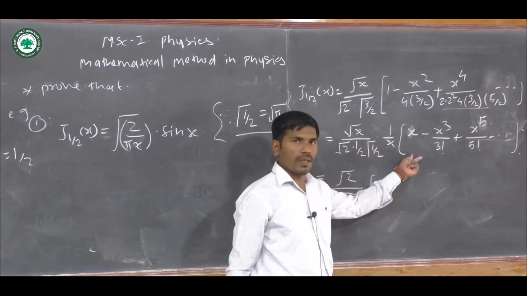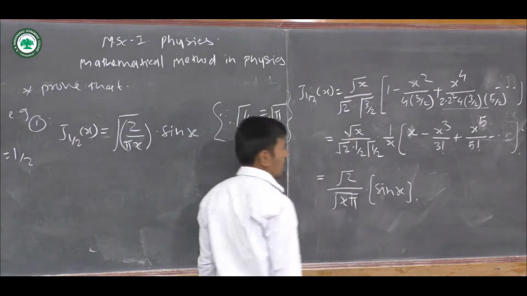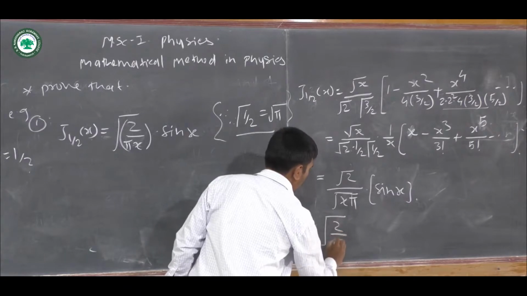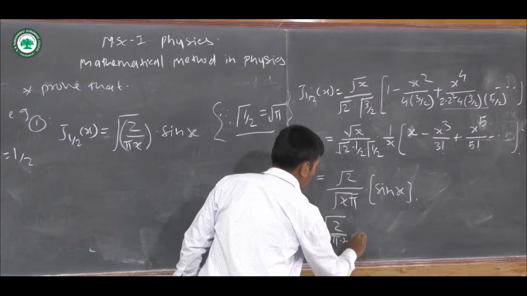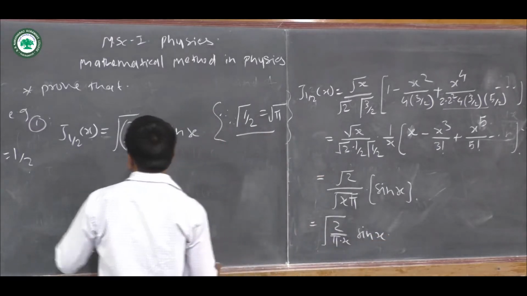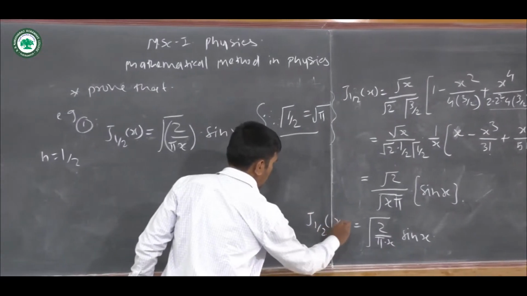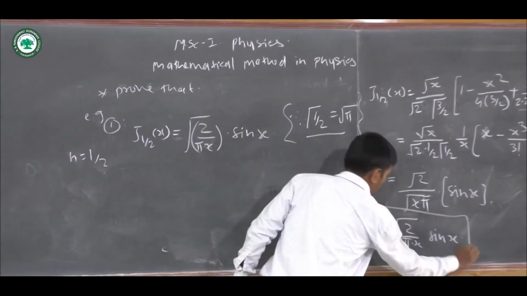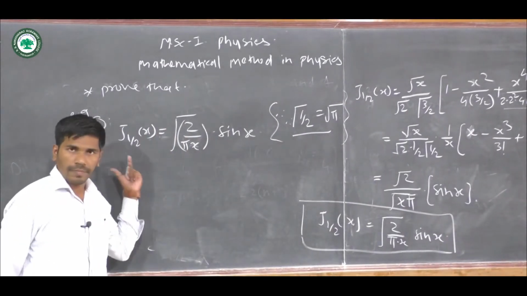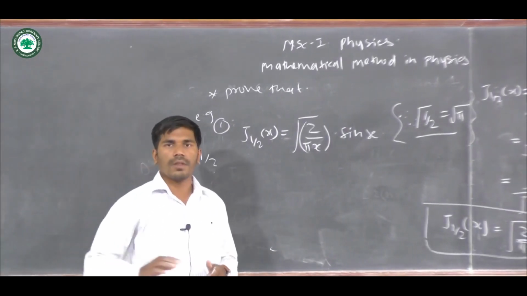This is the series of sin x, so we can write it is sin x. And this thing is equal to under root 2 by pi x into sin x. So this is equal to what we are having, J half of x. So this relation we proved here. Okay, so let's stop here, we will discuss in the next lecture.